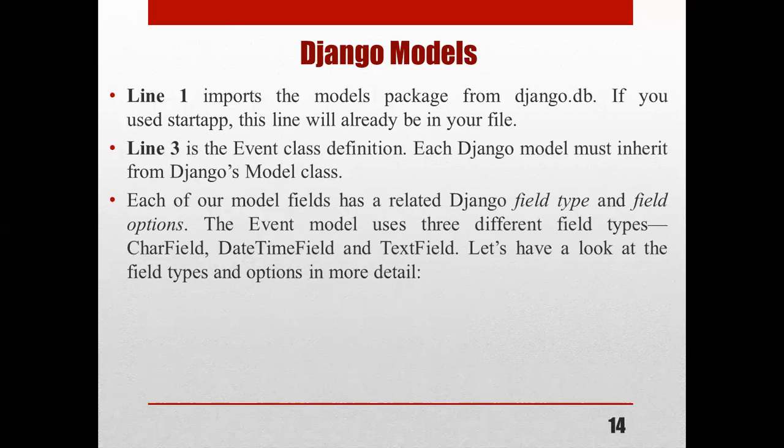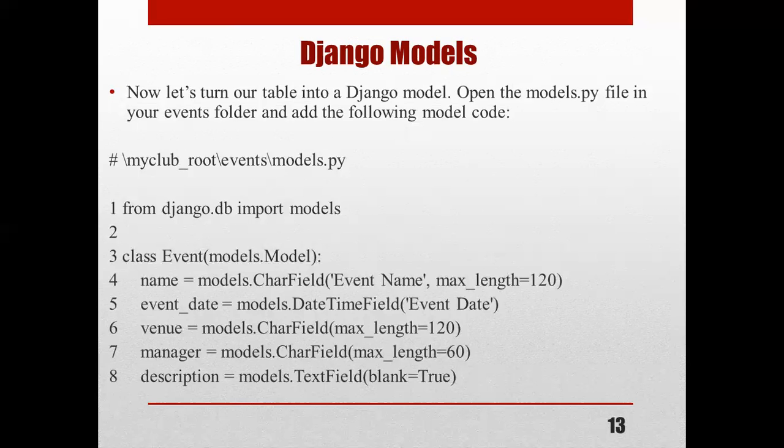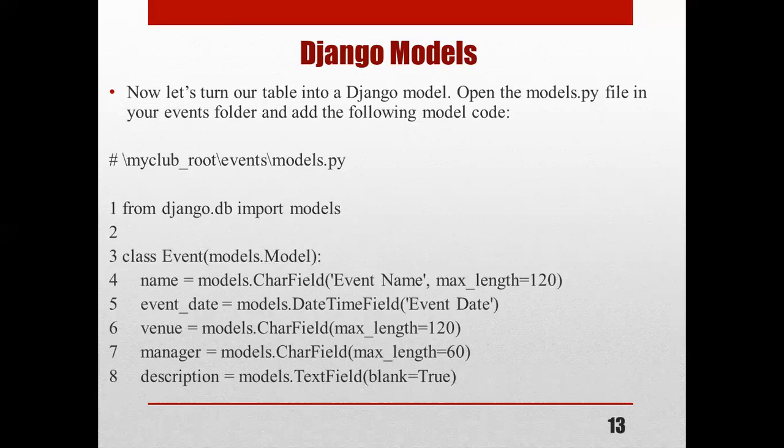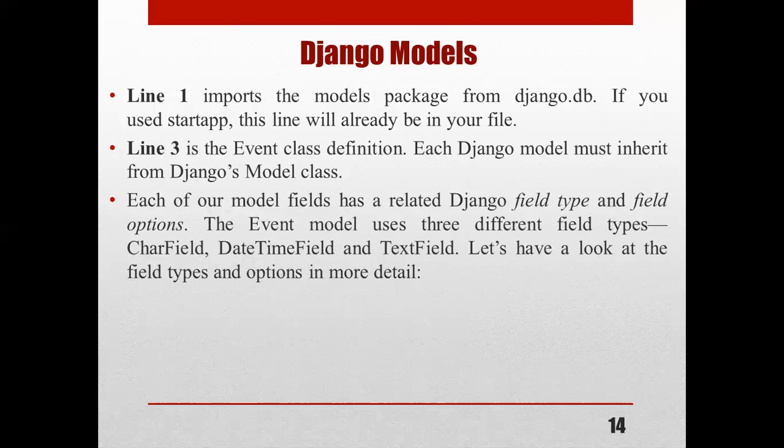So here you can see that in the first line we have imported the models package from django.db. Then at the third line, class Event, the event class definition. Each Django model must inherit from Django's Model class.